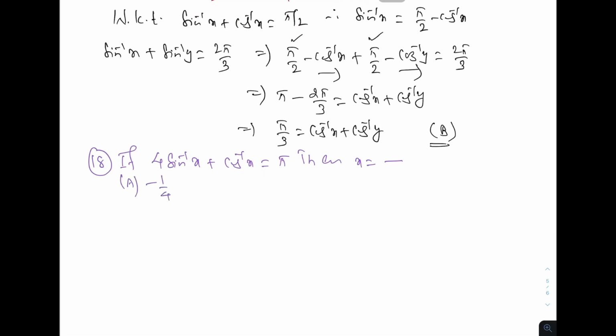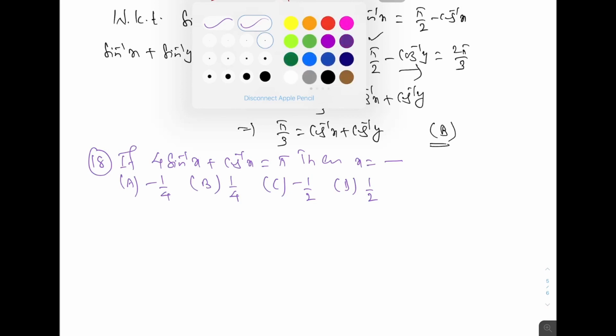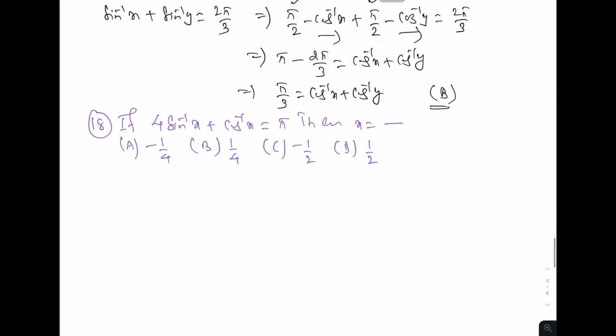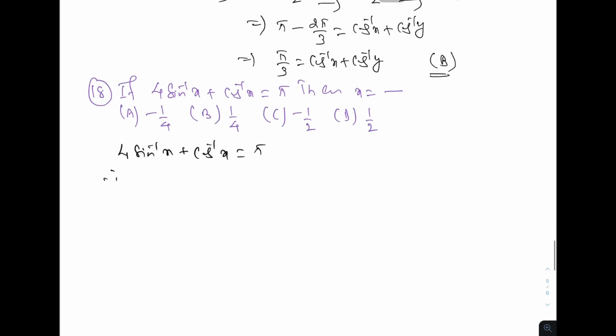Options are minus 1 by 4, 1 by 4, minus 1 by 2, 1 by 2. So here, 4 sin inverse x plus cosine inverse x is pi.